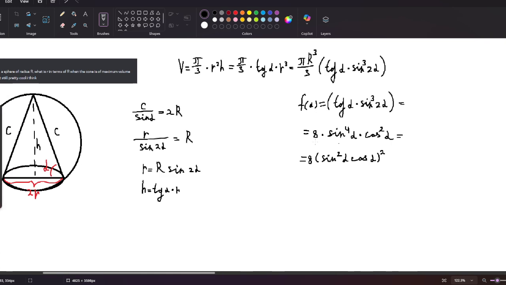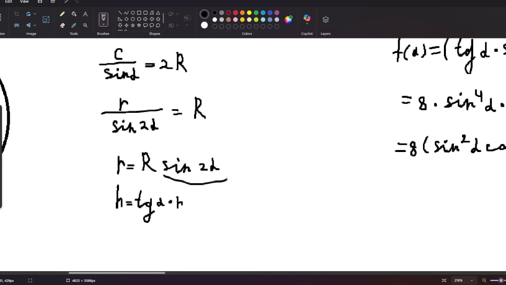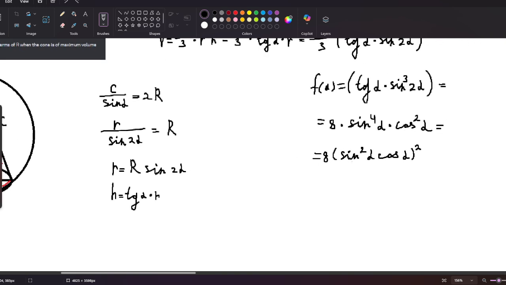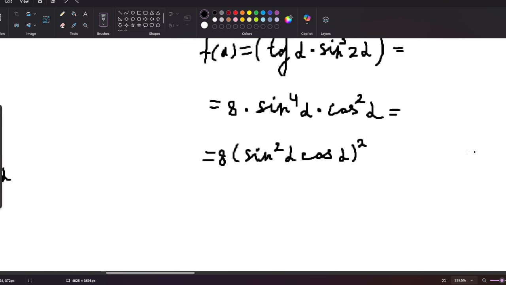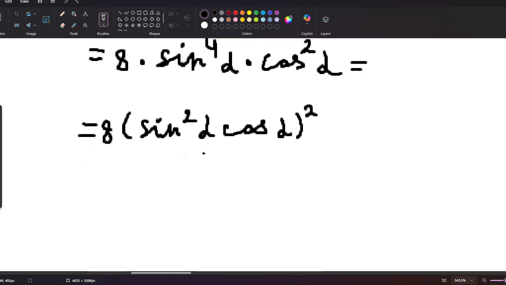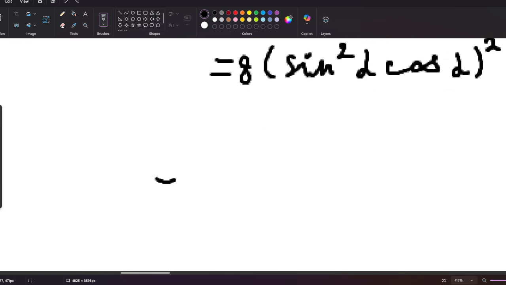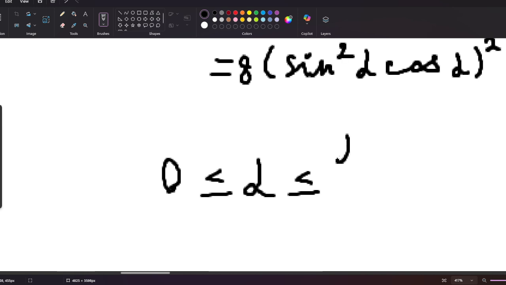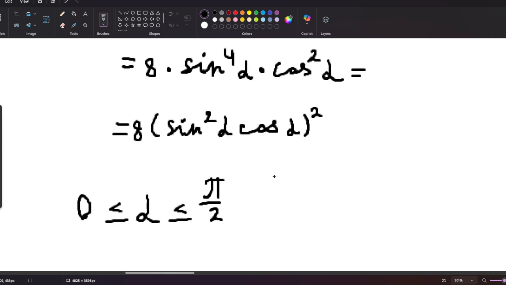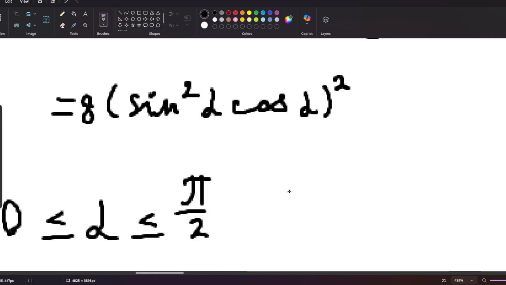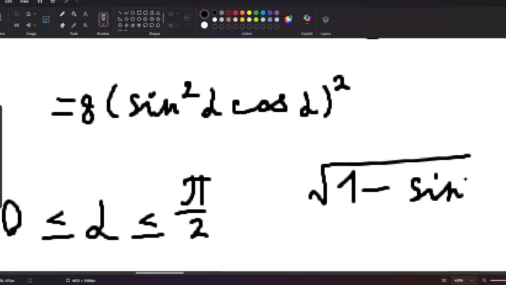Now, mind you, we need to express r in terms of R capital, so we really only need to find sine of 2 alpha. So we can do a substitution. We can say we're working with angles from 0 degrees to 90 degrees, aka pi over 2 in radians, and say that we can replace cosine squared of alpha with 1 minus sine squared of alpha.